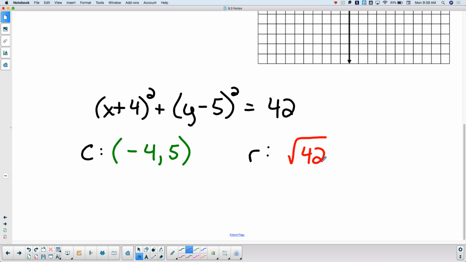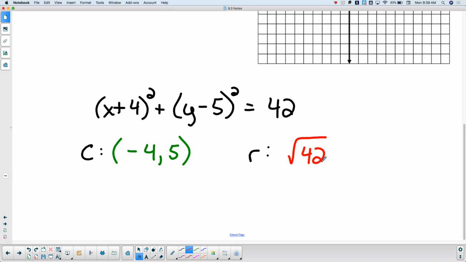No. So as an answer, I want the square root of 42 as my radius. Using a calculator now, what is the square root of 42? 6.6-ish? 6.48. So it's about 6.5, right?